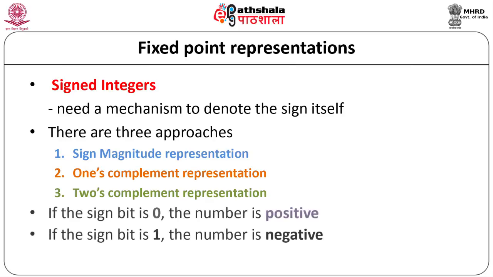If the sign bit is 0, the number is positive. If the sign bit is 1, the number is negative. If we have an 8-bit number, does this mean that we now need 9 bits to store it, with 1 bit used exclusively for the sign? And the answer is yes.